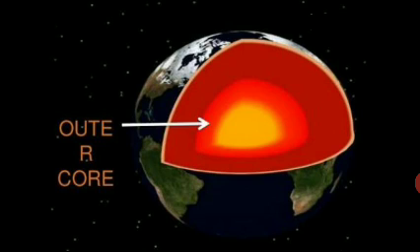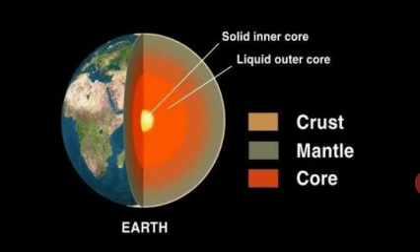In the inside and outside core, you can see this is the outer core in the earth, and you can see the inner part of the core. The inner part is solid, but it contains metal.